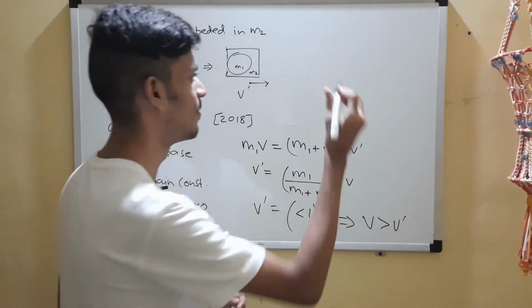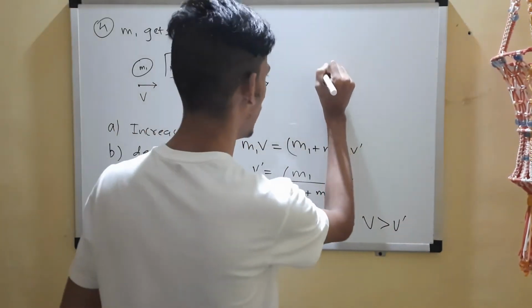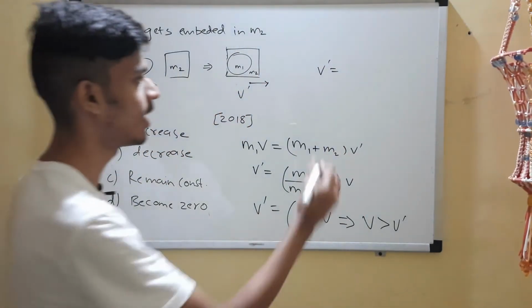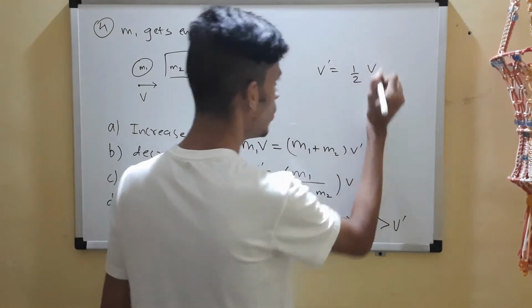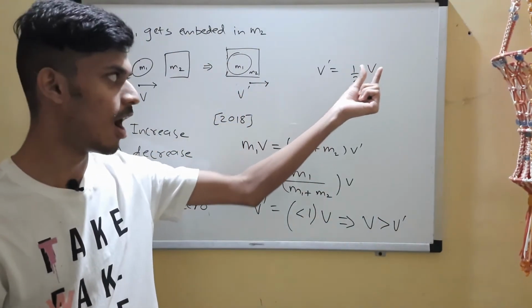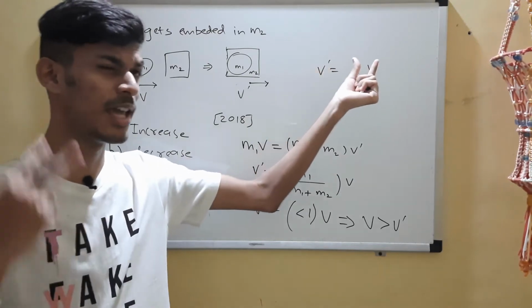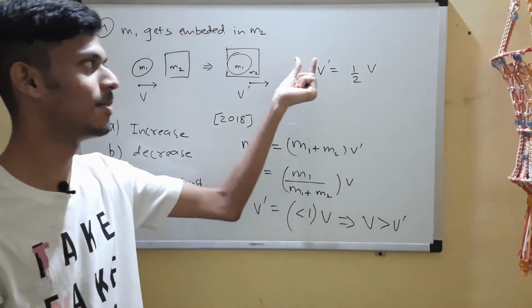Just an example for those who didn't get this. Let's take a number less than 1, let's take half. You have to make v half so that it becomes equal to v dash.